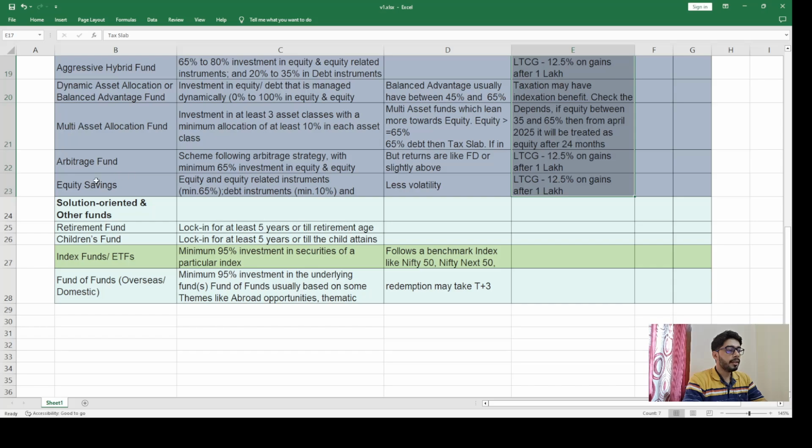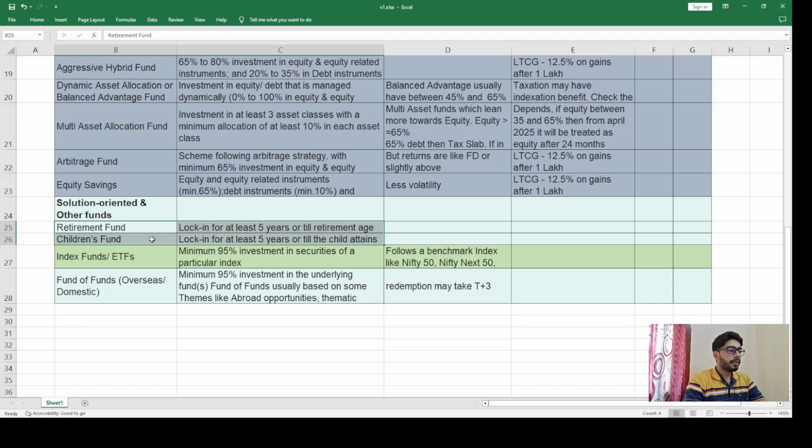So then there is one more category, solution-oriented and other funds in the equity schemes. Here you will have things like retirement fund, children's fund, and fund of funds. Retirement fund and children's fund will have a lock-in of 5 years.